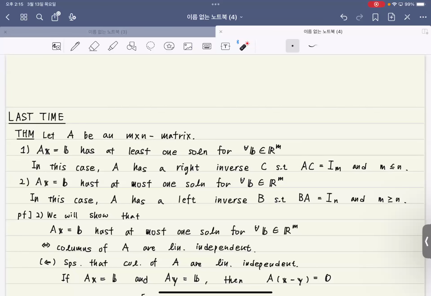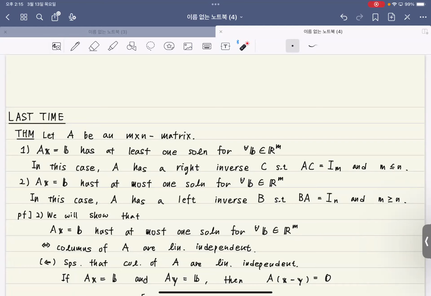On the other hand, if you want to have the left inverse, then your matrix must be a narrow matrix, and the number of linearly independent columns must be the number of columns. So you must have the maximum possible number of linearly independent columns. In that case, you have a left inverse.